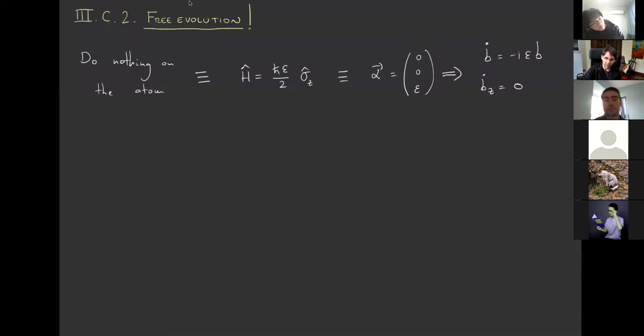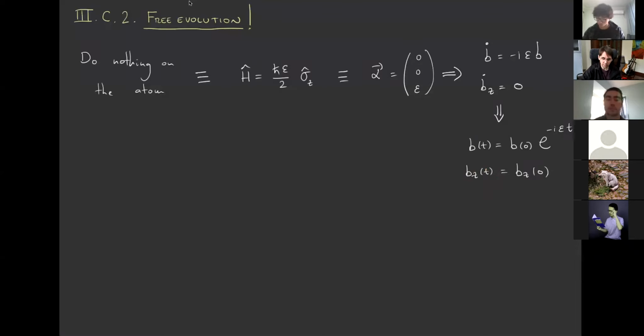Okay, and these equations here have the trivial solution of B at time t equal to B at time 0 times a phase, and B set at time t is equal to B set at time 0. Of course, we were already expecting B set to be independent of time. Why? Because the Hamiltonian is sigma set, and it commutes with sigma set, which is the expectation value that defines B set.